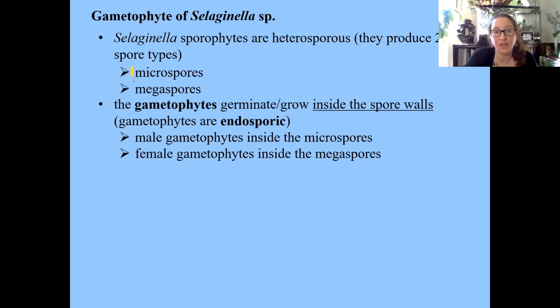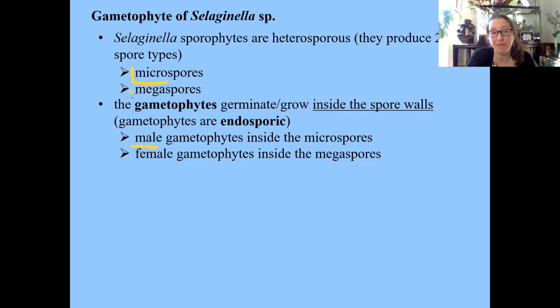Remember when we first came across this term micro, I told you that in the case of the microphyll, it means a small leaf with a single vein. But every other time in this class that we see the prefix micro, it refers to male.